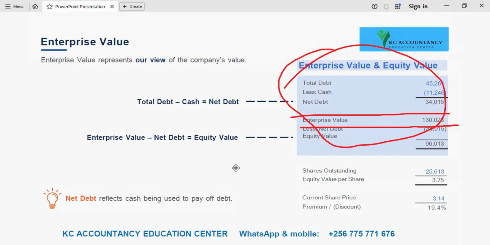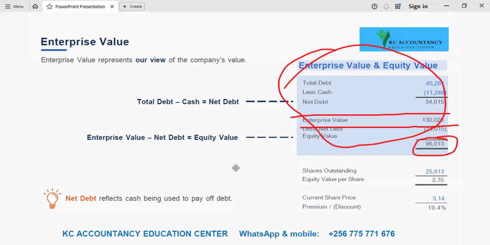The way we are going to compute the equity value is we take the enterprise value, subtract the net debt, which is roughly 34,000 US dollars, and that will give us an equity value of around $96,000, this value here.